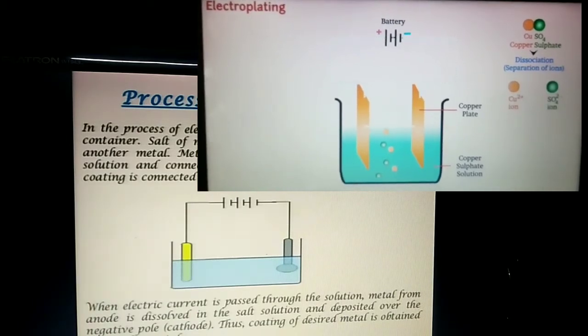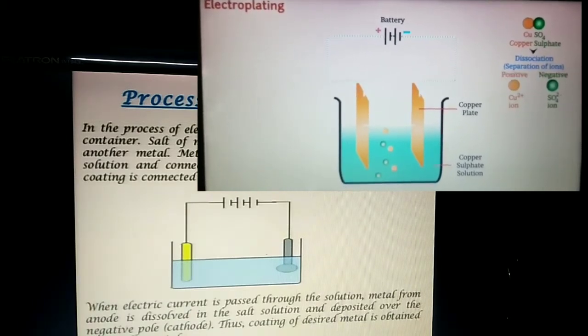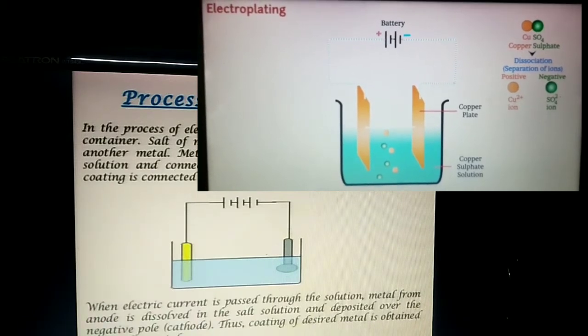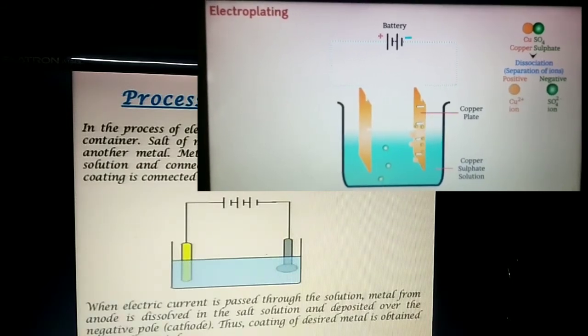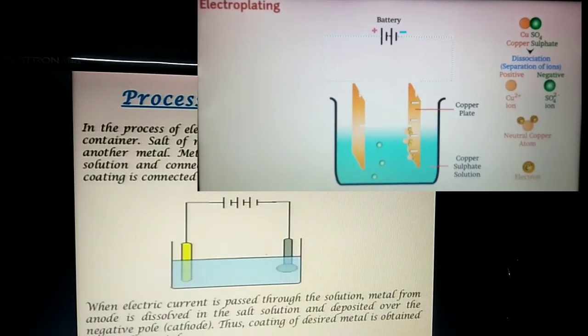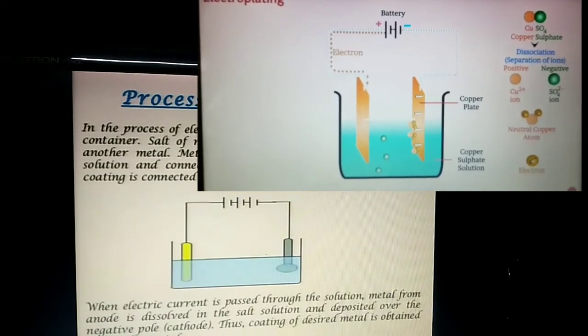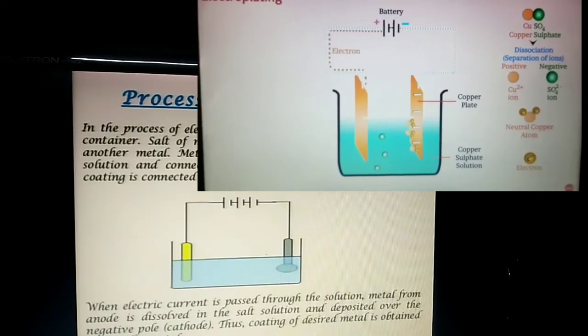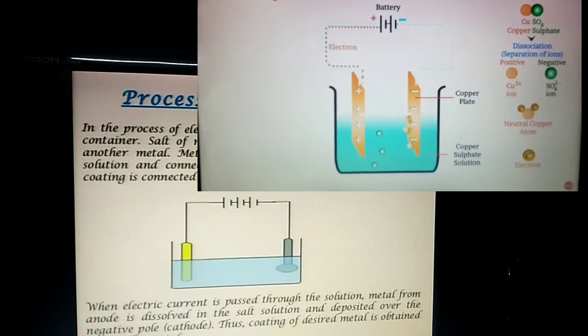Copper from the impure rod is transferred to the thin copper plate. The free copper gets drawn to the cathode and gets deposited on it, leaving the impurities at the anode. Whatever impurity is left at the bottom of the electrolyte below the anode is known as anode mud.